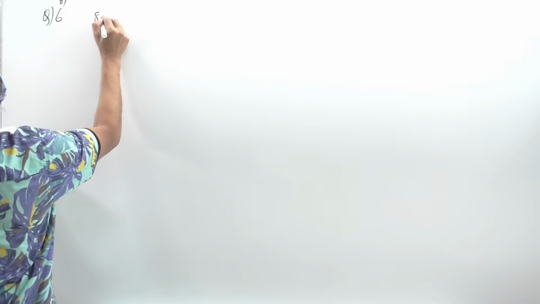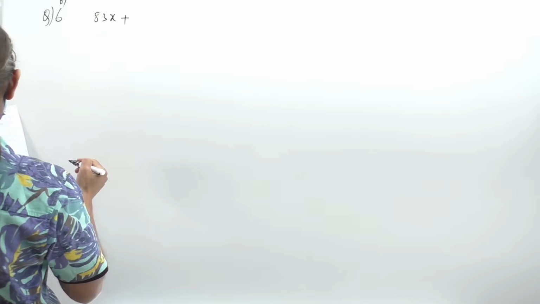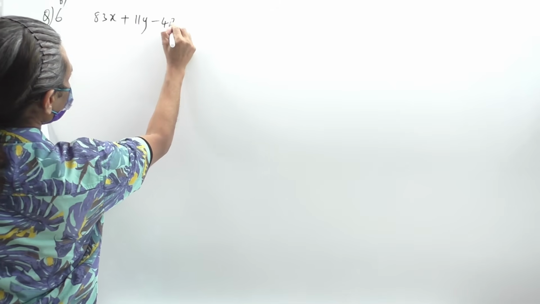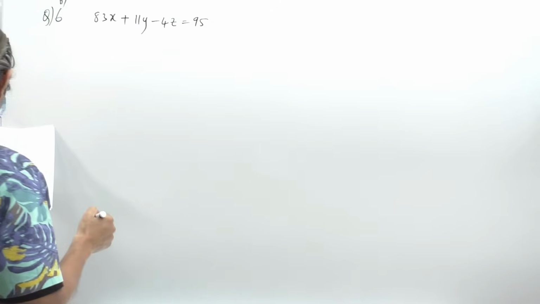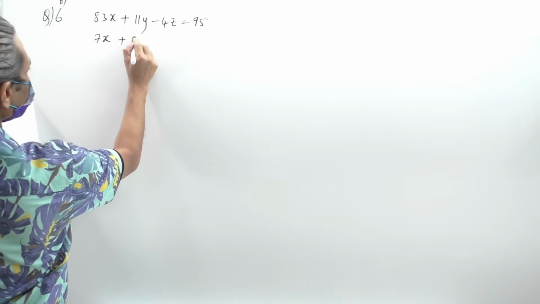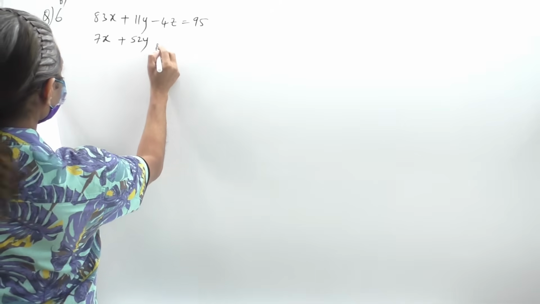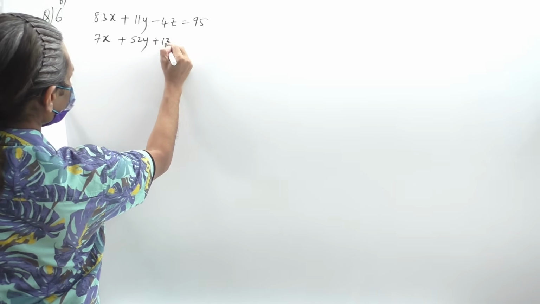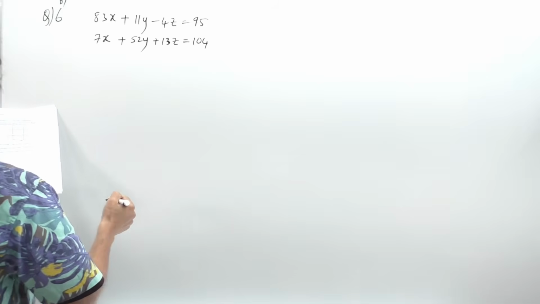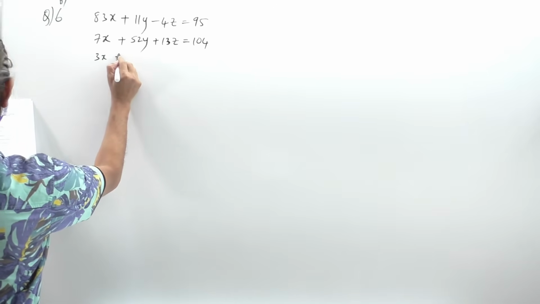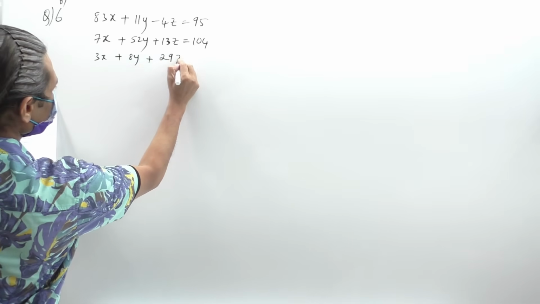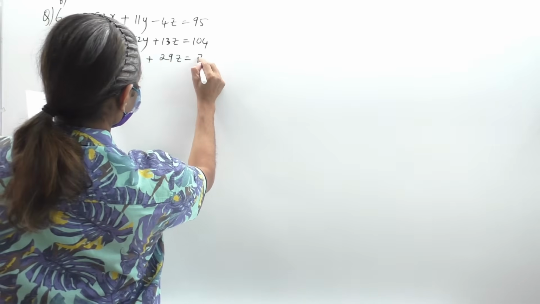It is given 83x plus 11y minus 4z equals 95. Then 7x plus 52y plus 13z equals 104, and finally 3x plus 8y plus 29z equals 71.